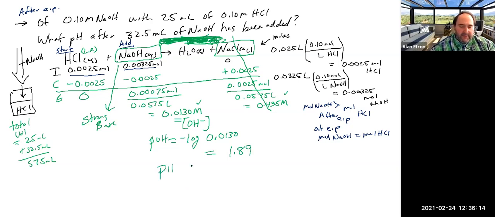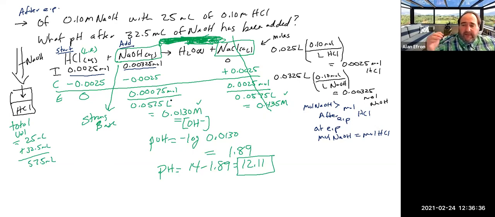And the pH would then be 14 minus our 1.89, and that hits us at about a 12.11 or something like that, which is a basic pH, and it is what we would expect to be happening at this point. Since we're past the equivalence point, we're just dumping in more base. This is exactly what we would expect to happen.